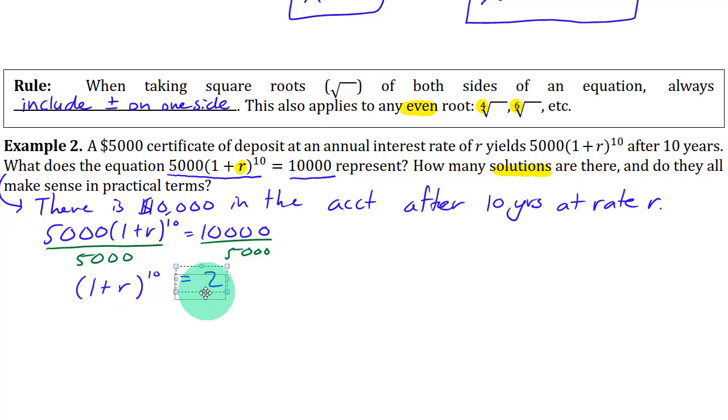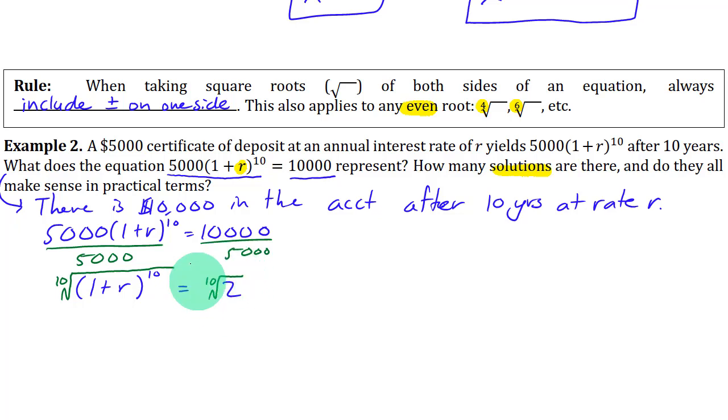Okay, and then you want to cancel out that 10th power. You could do a 10th root, which is the same thing as raising it to the power 1 over 10. I'm just going to write it as a 10th root here. And wait, is 10 an even number? Yes, it is.